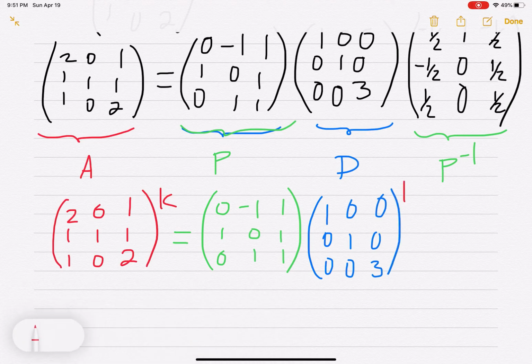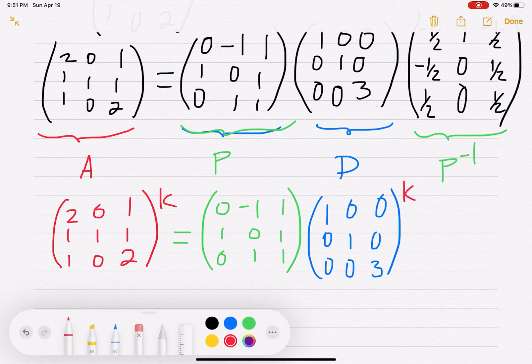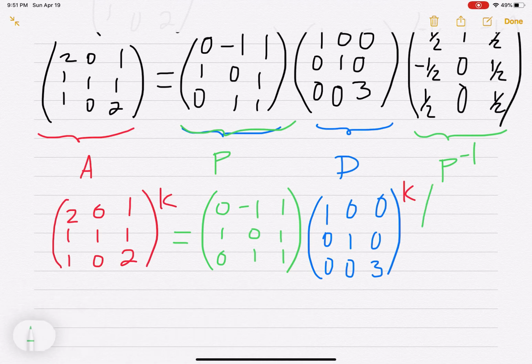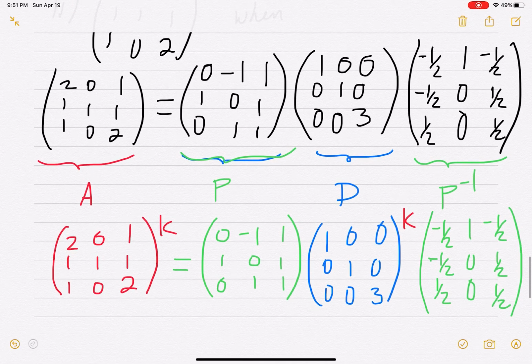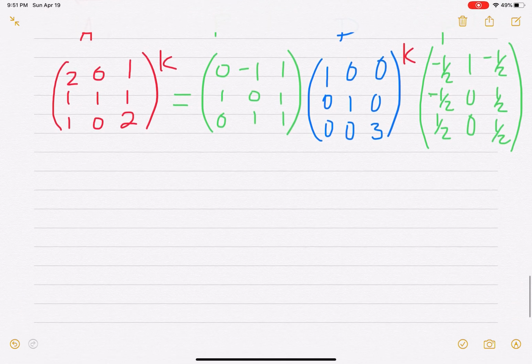So we're going to put a little red k power up there. That's what our theorem said, and then we just write down our green P inverse, [-1/2, -1/2, 1/2; 1, 0, 0; -1/2, 1/2, 1/2]. I think that's what that green matrix was. Let me scroll up. Can't see the tops. Yeah, that's right.